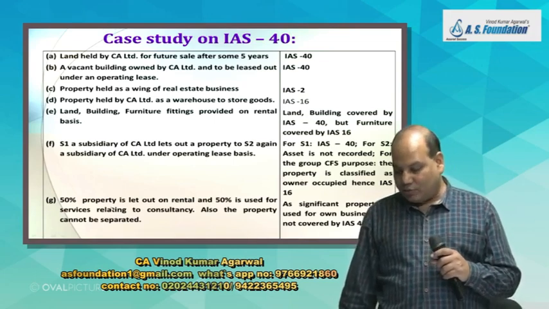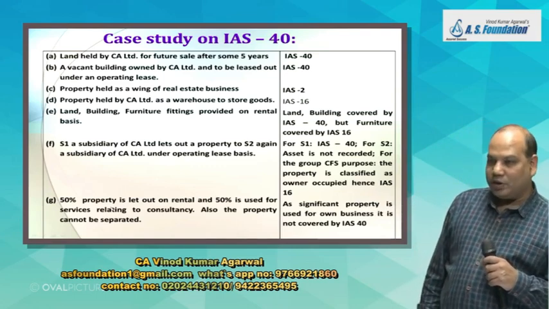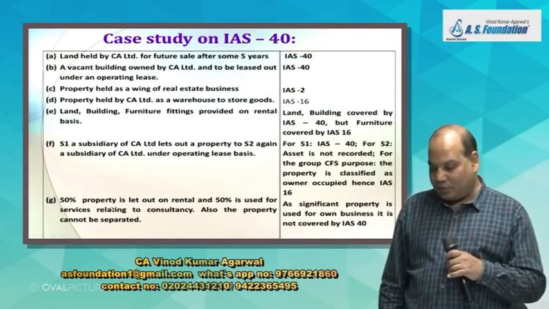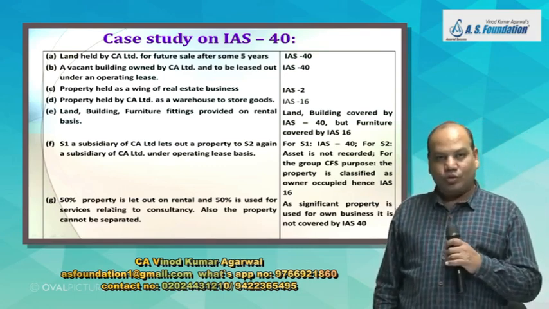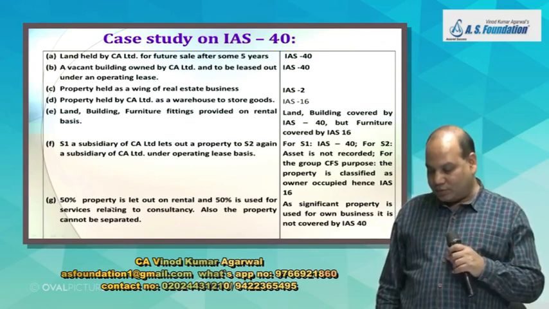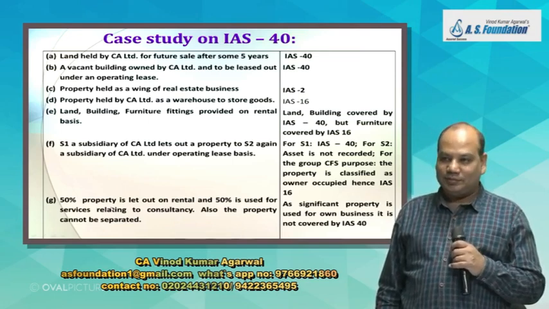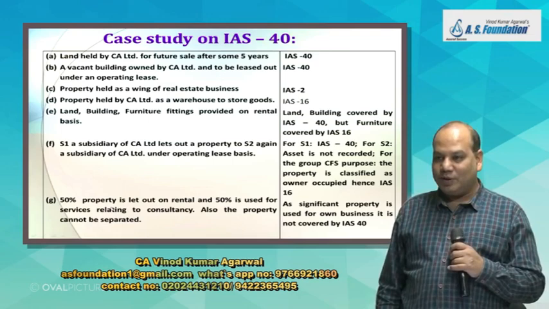And then one question where I said I will ask you later. 50% of the property is let out on rental and 50% is used for your own service relating to consultancy business. Also, the property cannot be separated. Now it is 50-50.